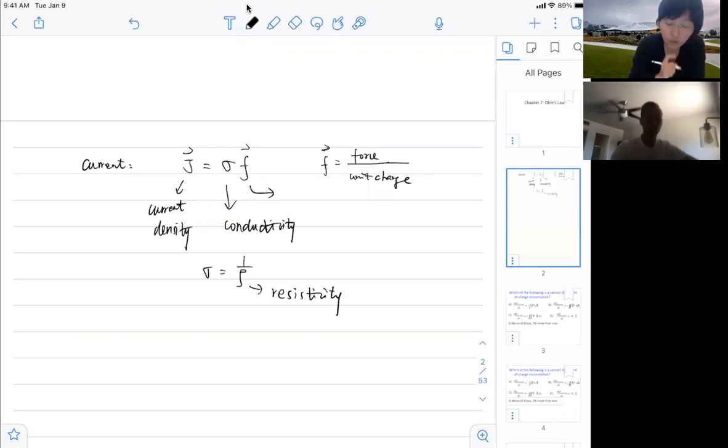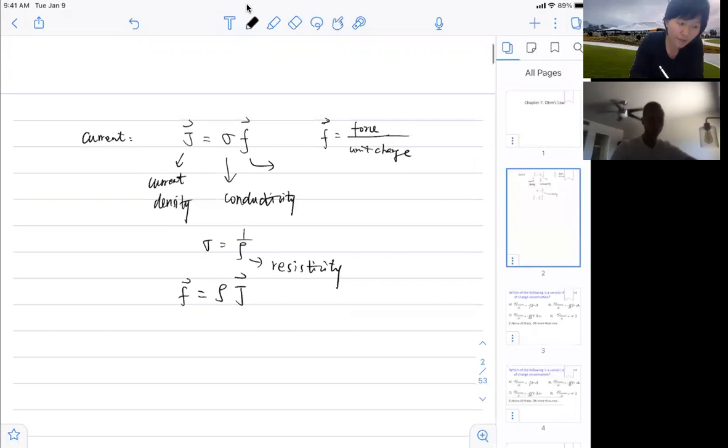A good conductor will have small resistivity, and a bad conductor, like an insulator, will have a very big resistivity. So we can also write f as rho times J, inverting the 1 over sigma. F, as I said, is force per unit charge.